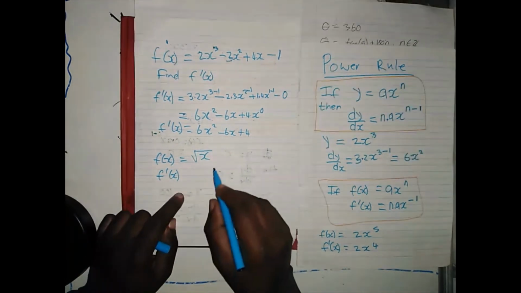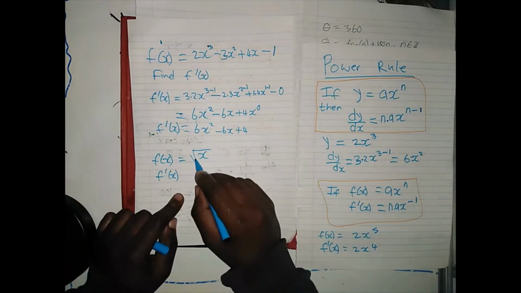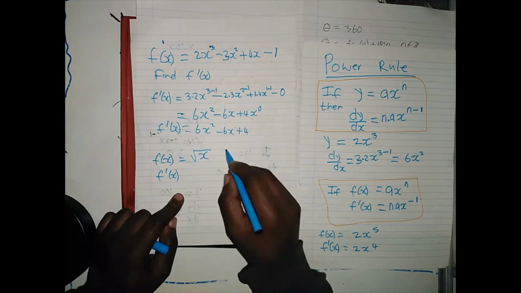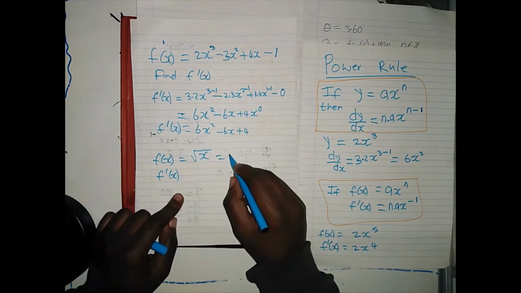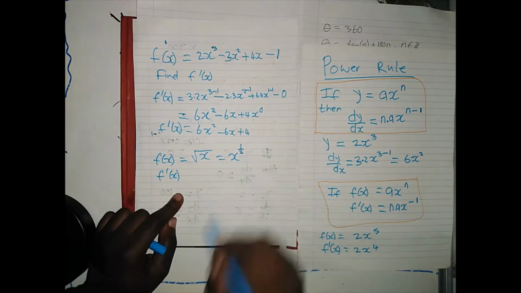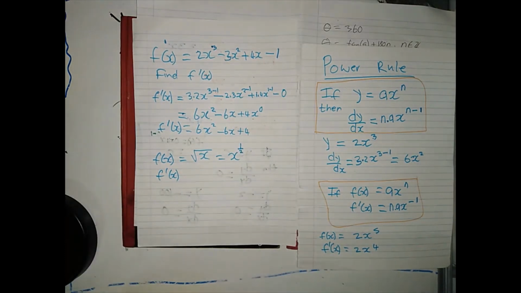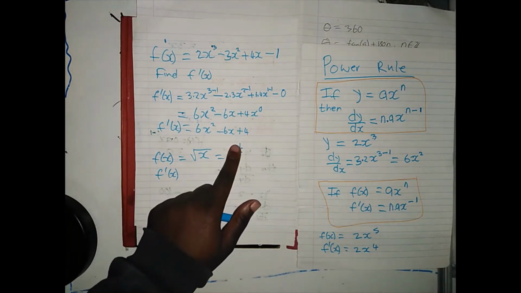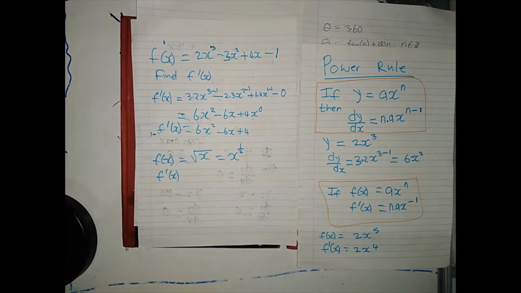From my own experience, I know that the square root of x is the same as x to the power 1 over 2. Can you see that? Yes. So now I've got a base and a power, and that allows me to use my power rule.